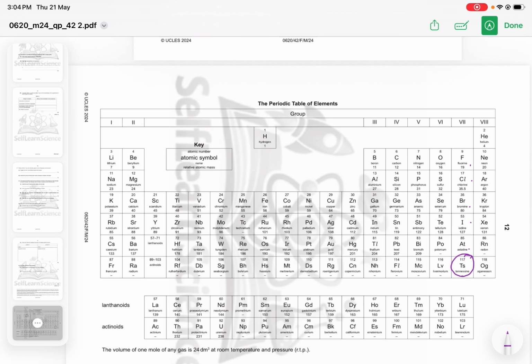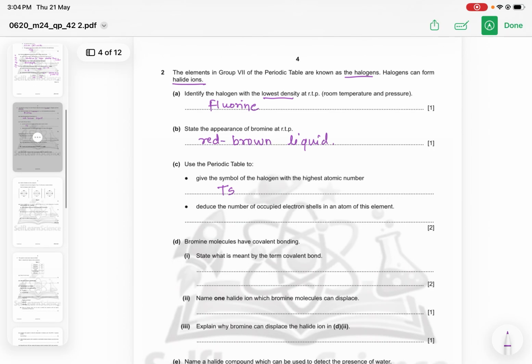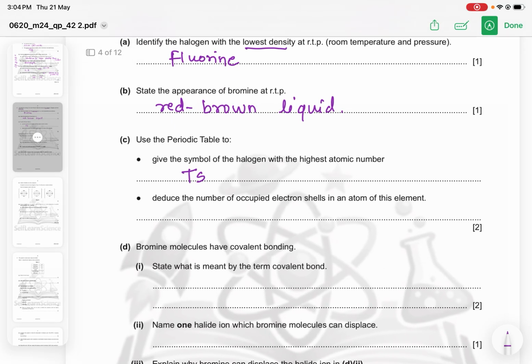Here from helium, this is my first period, second, third, fourth, fifth, sixth and seventh. So the number of occupied electron shells is a total of 7.